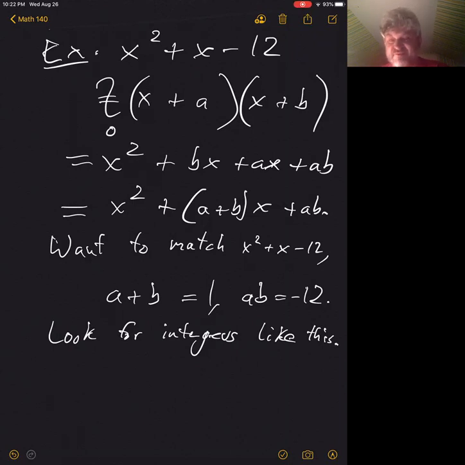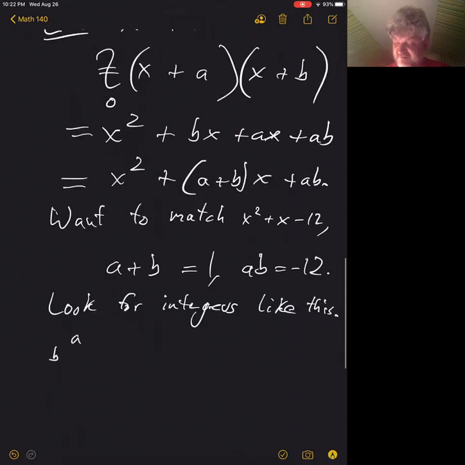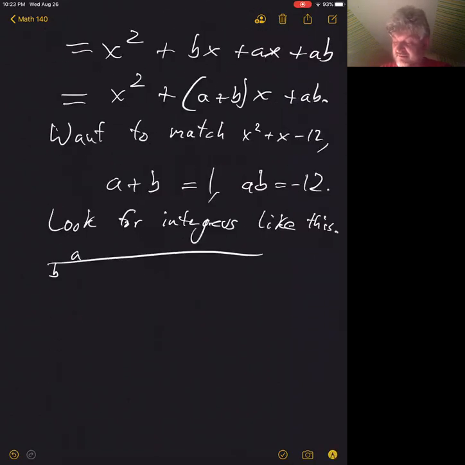But a times b equal to -12, there's a limited number of choices of integers that multiply to give -12. So what are the choices? a could be 1, 2, 3, 4, 6, or 12, and b also could be any of those numbers or the opposite.